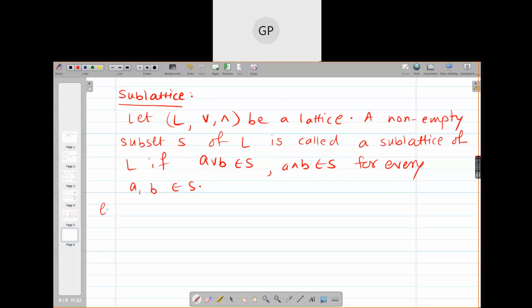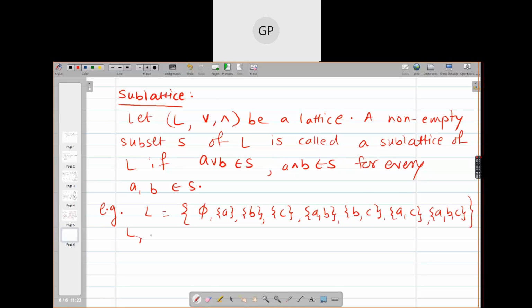For example, if I consider L, now I am considering L as phi, singleton A, singleton B, singleton C, then AB, BC, then AC, then ABC, okay?